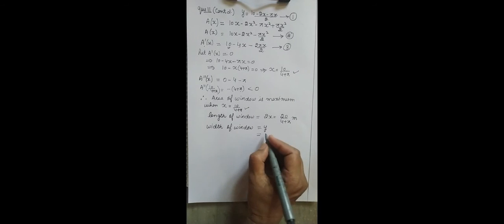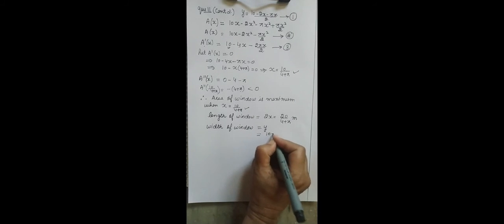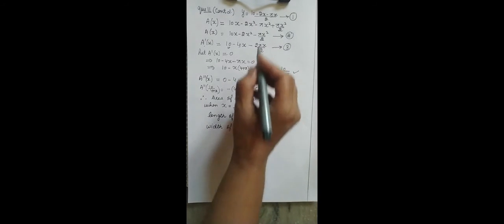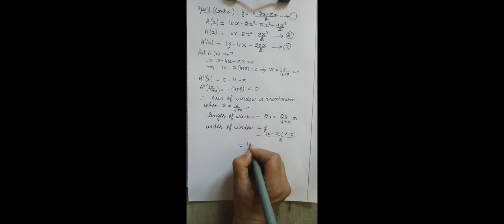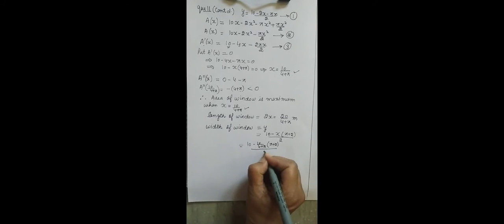So y will be equal to 10 minus x into pi plus 2 whole divided by 2, where x is 10 upon 4 plus pi. So it is 10 minus 10 upon 4 plus pi into pi plus 2 divided by 2.